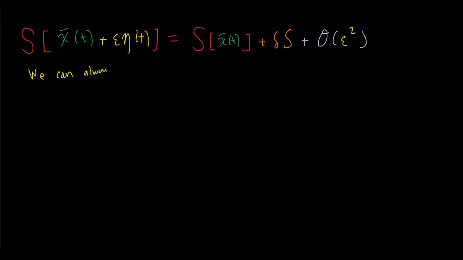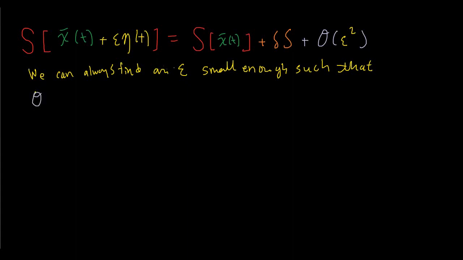We can always find an epsilon small enough such that, or let me stick to my colors that I decided on, O of epsilon squared is a lot smaller than delta S. And that's just because delta S is the first order in epsilon, whereas O of epsilon squared is the second order.